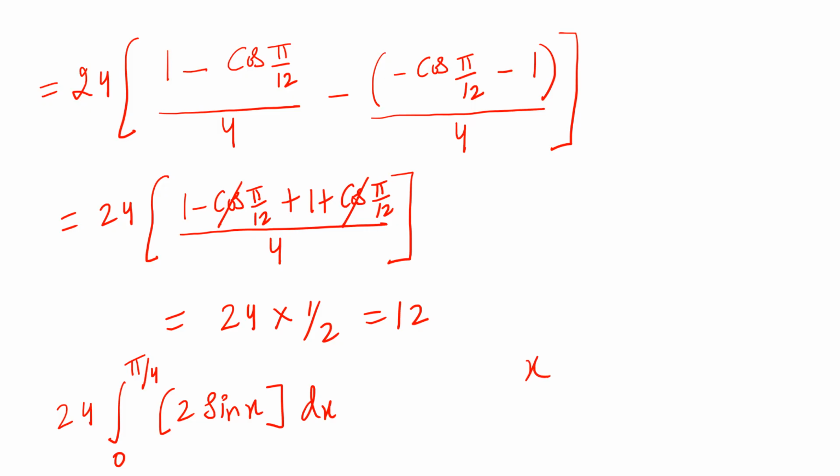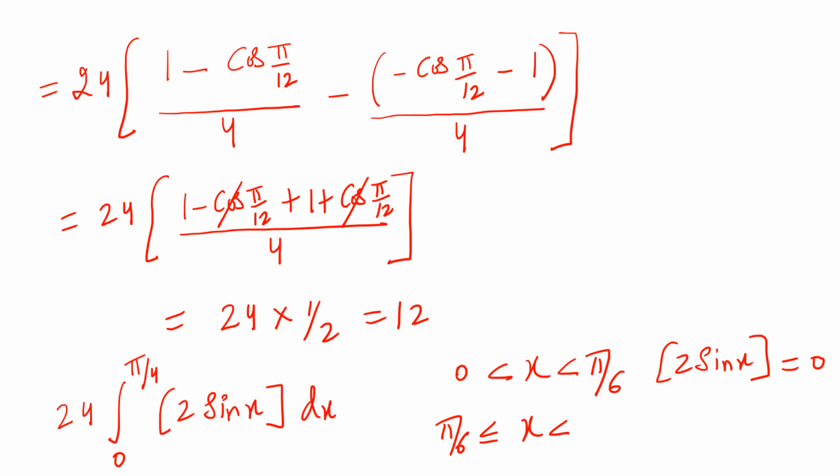So clearly when x is greater than 0 and less than pi by 6, then the value of GIF of 2 sin x will be equal to just 0, because in this interval 2 sin x will lie between 0 to 1. And when x is greater than or equal to pi by 6 and less than pi by 4, then in this interval the value of GIF of 2 sin x will be equal to 1.